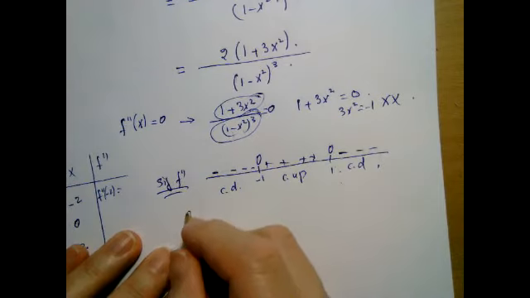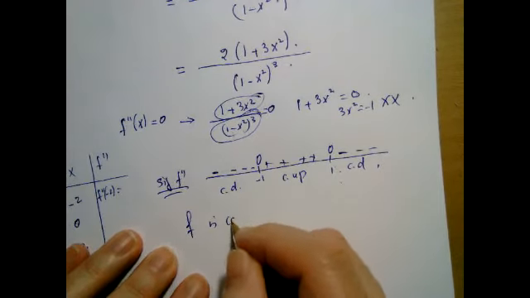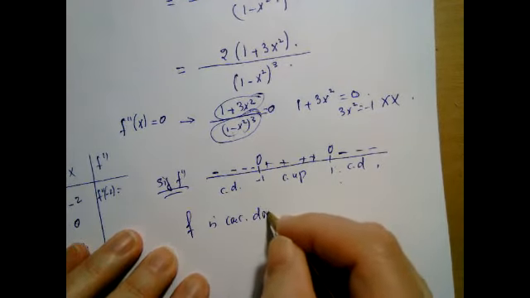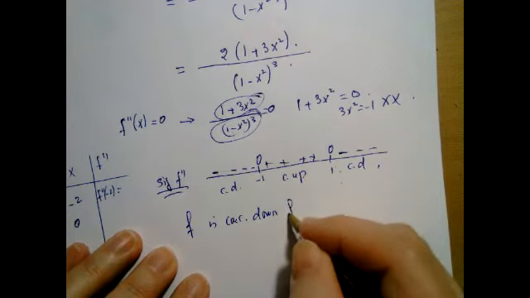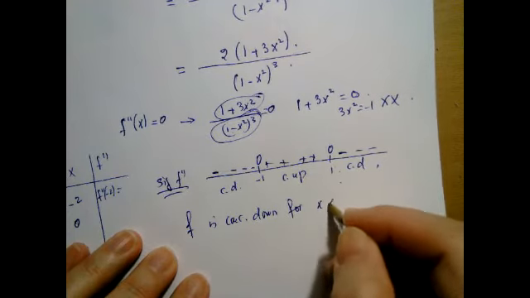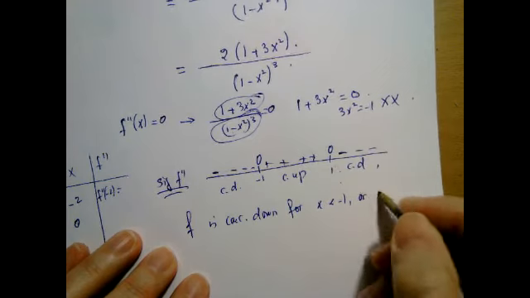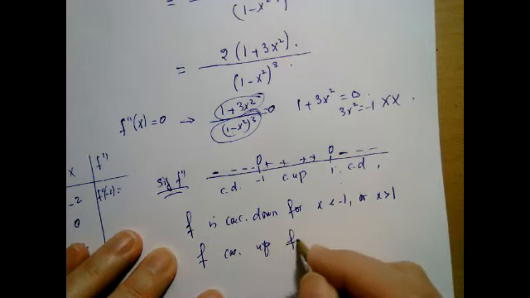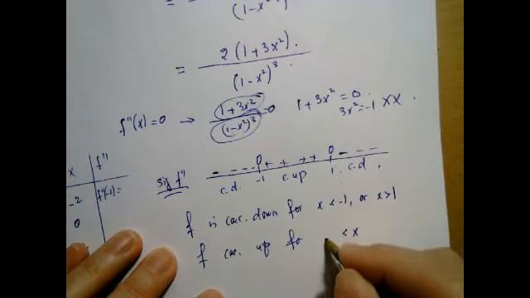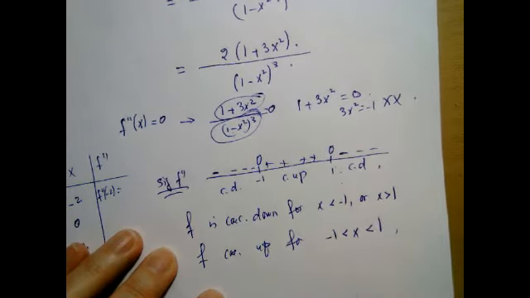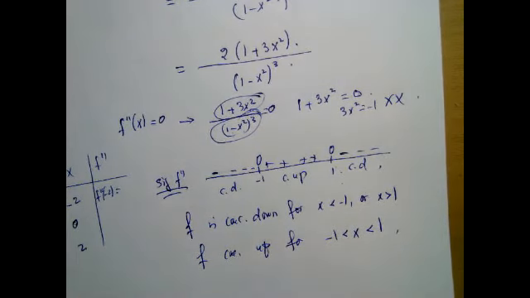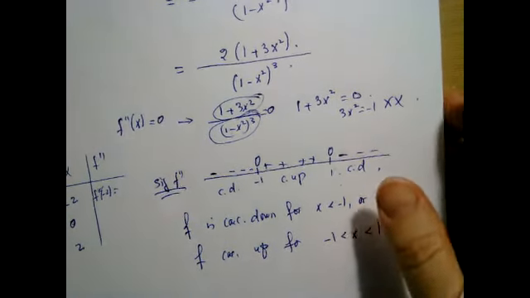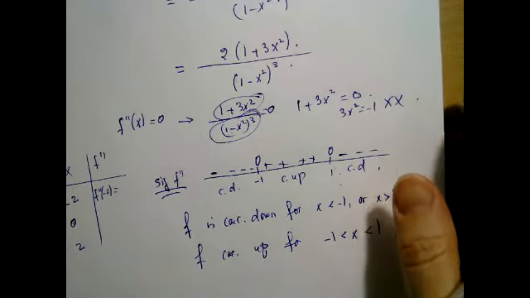So my function f is concave down for x less than minus 1, or x bigger than 1. It is concave up for x between -1 and 1.